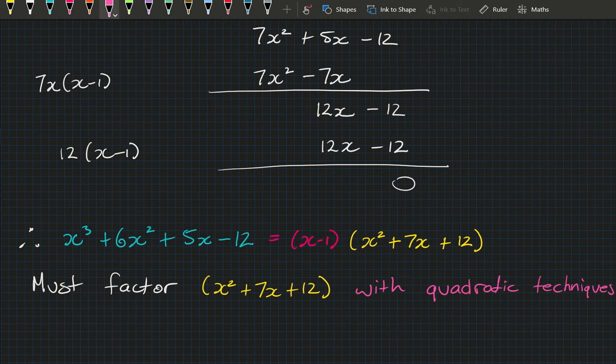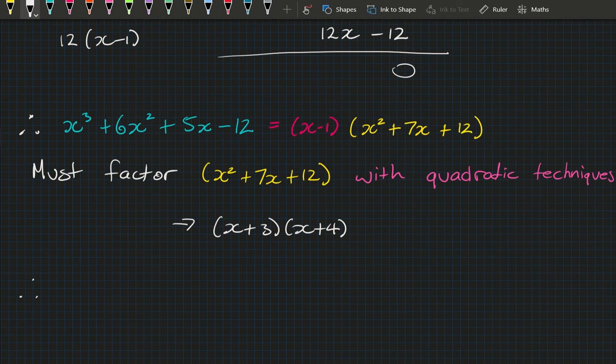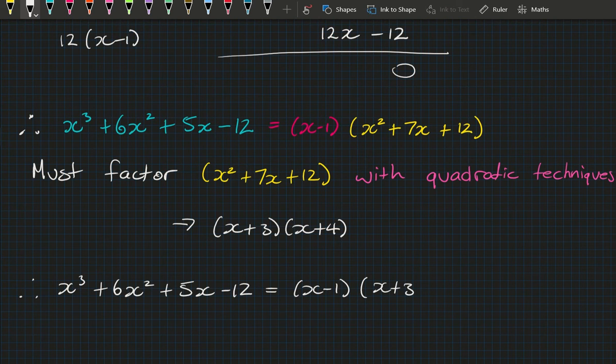So because 3 times 4 is 12 and 3 plus 4 is 7, that means that this must be x plus 3 times x plus 4. So subbing that back in, that means that our polynomial x cubed plus 6x squared plus 5x minus 12 is equal to that divisor x minus 1 and x plus 3 times x plus 4 in the place of the quotient.